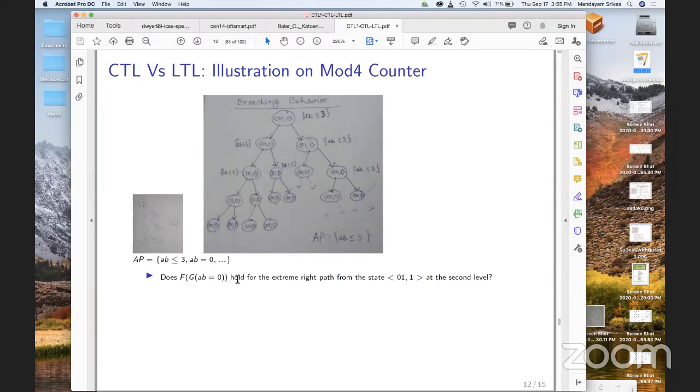This is true of a path. It is an LTL formula of a path, if on that path, eventually at some point, from there, you have AB, in this case AB is equal to 0, continuously true.